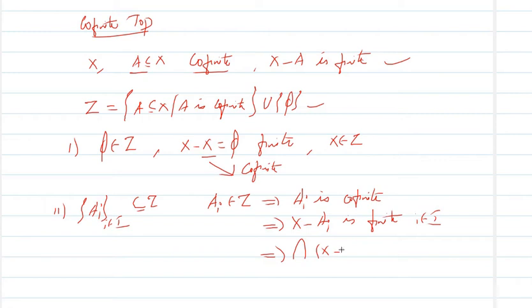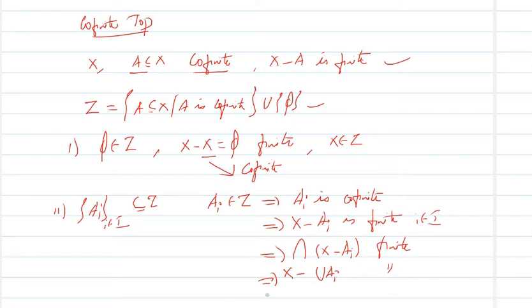Intersection of X minus Ai is also finite, because intersection of finite sets is again a finite set. This will give you X minus union Ai by De Morgan's law, which is again finite.